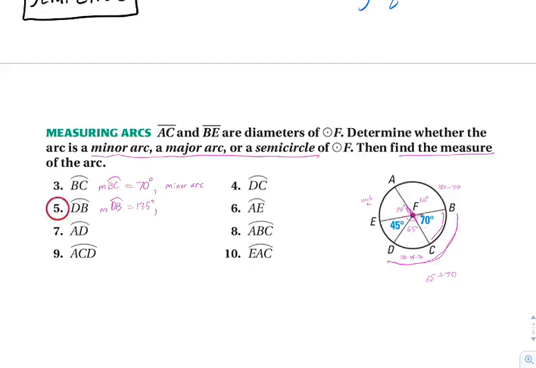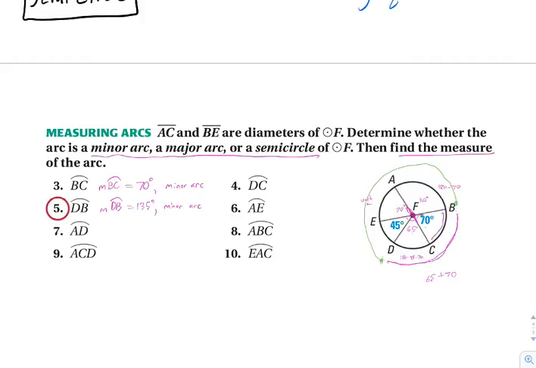And again, even though it's in the hundreds, it's less than 180. It's less than half a circle. So we're going to say that's the minor arc. The major one, if I took another color from D to B, would be something like this. I could label that as DEB or DAB, but I'd have to use a point to say go from D to B using the other side that has the E and the A.